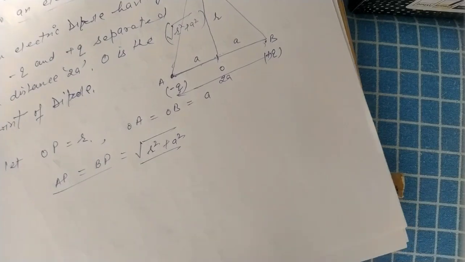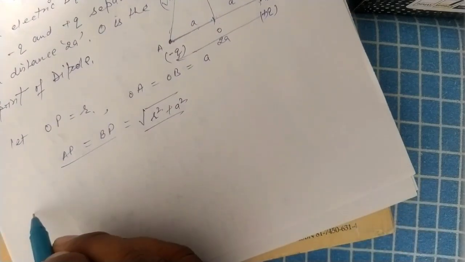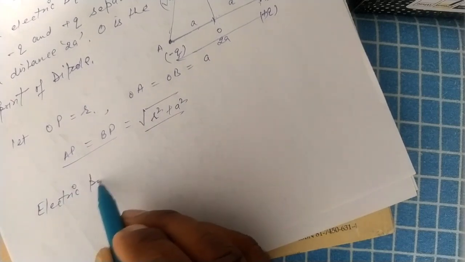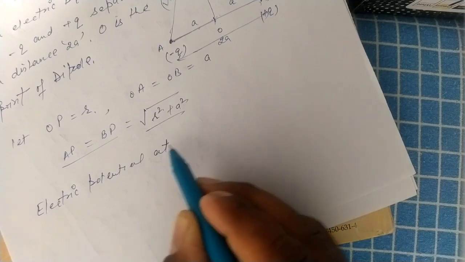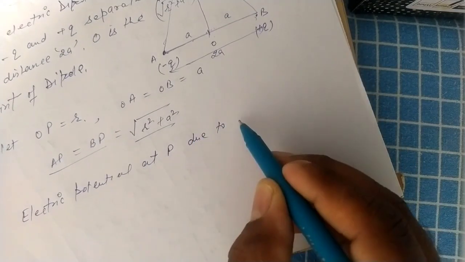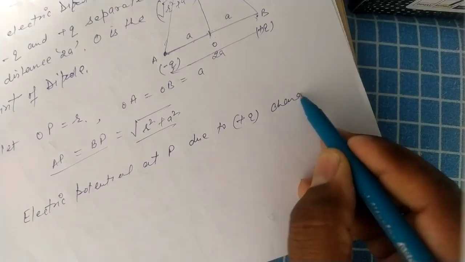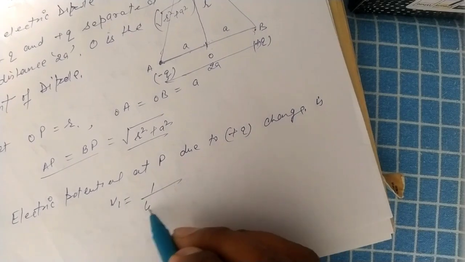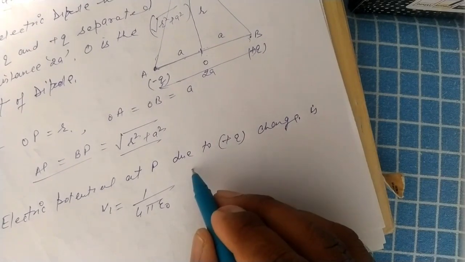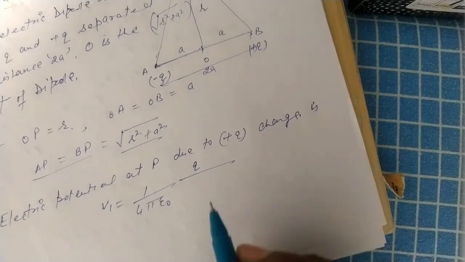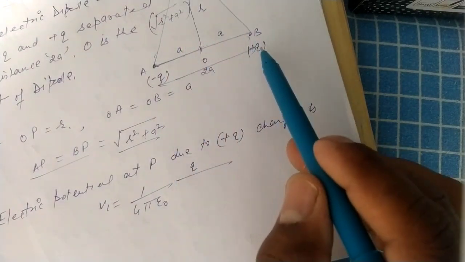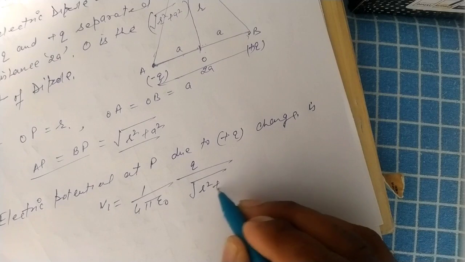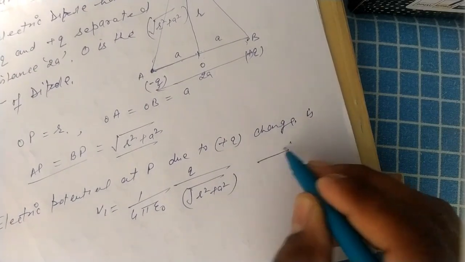Now we can find the electric potential at point P due to plus Q charge. V1 is equal to 1 upon 4 pi epsilon naught, Q upon r, meaning the distance between B and P, which is the square root of R square plus a square. This is the first equation.